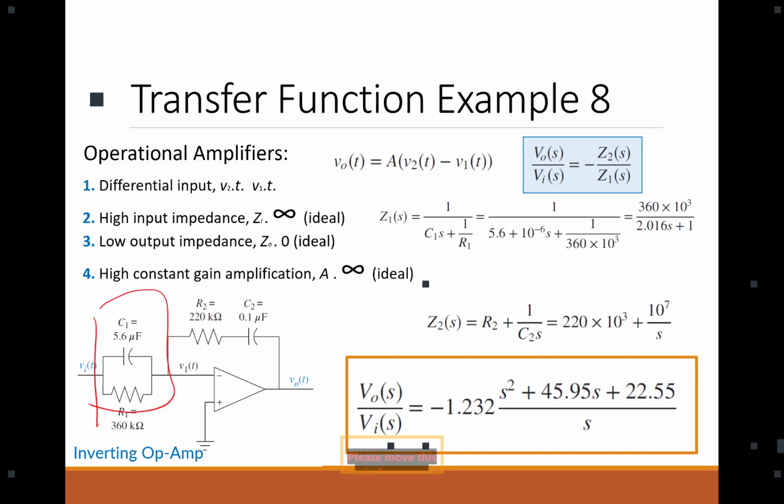Is it a filter? Yeah, it's a high pass filter. Correct? Now, what is this part? It's a type of direct application of the op-amp, which is an integrator.